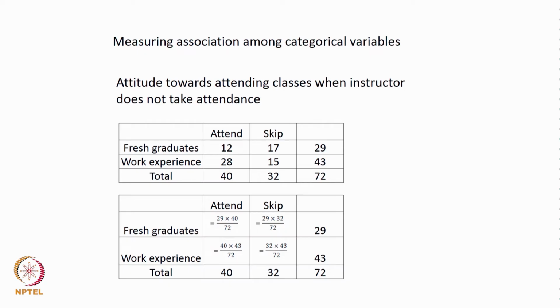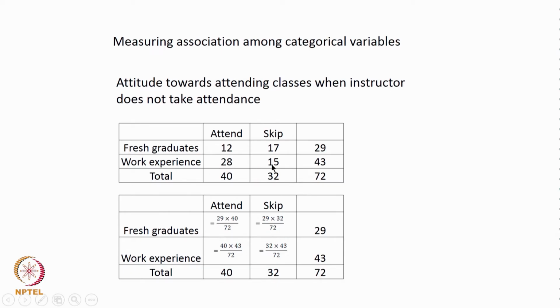Now, we want to know, is there an association? For example, is there an association between attending the class and skipping the class vis-a-vis fresh graduates and people with work experience? Now, let us try to do these proportions one more time.